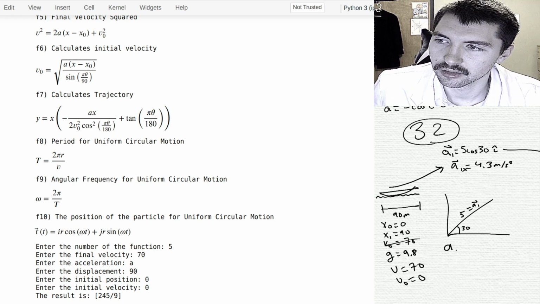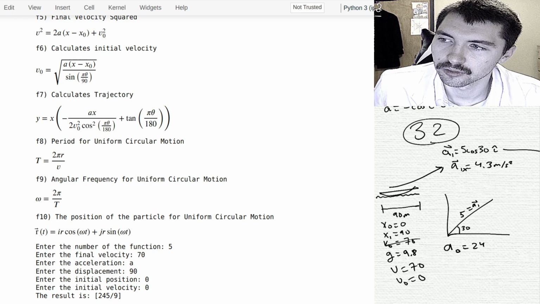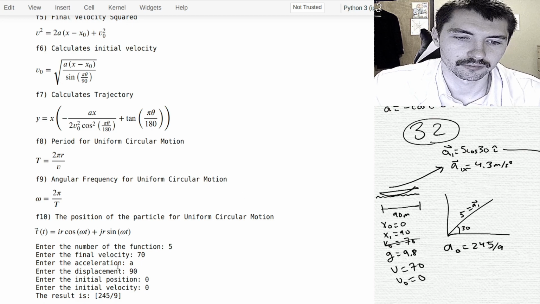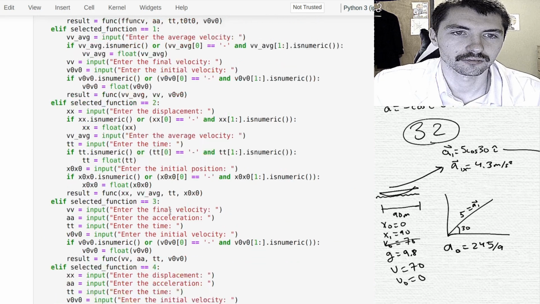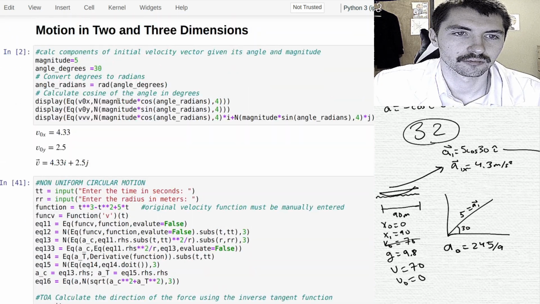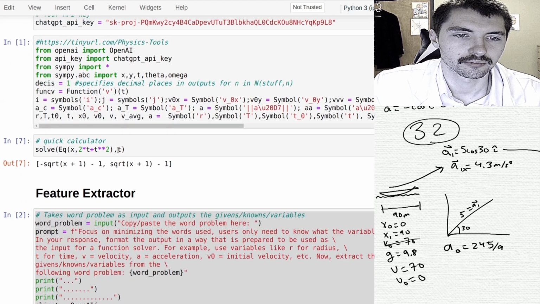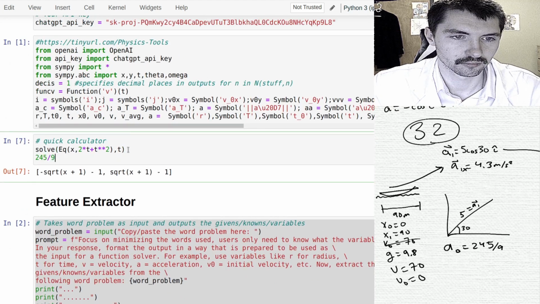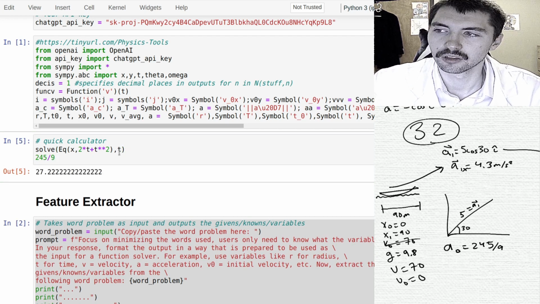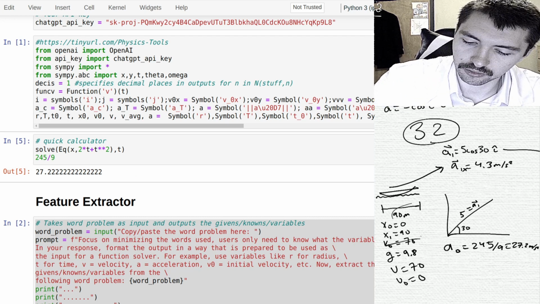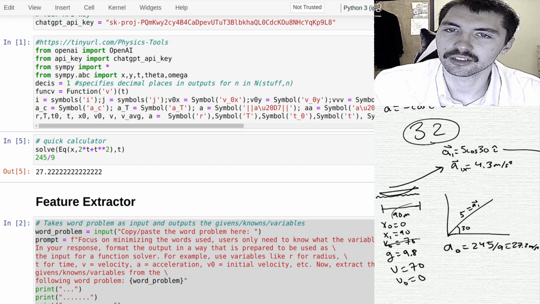So a naught is 245.9. I'm getting 27.2 meters per second squared. So that's pretty fast, I guess. I guess it makes sense.